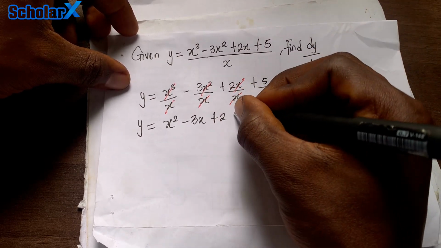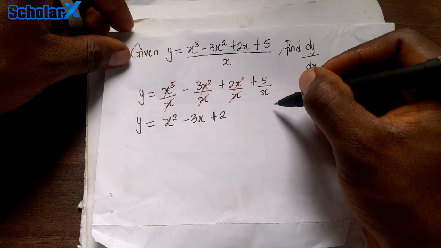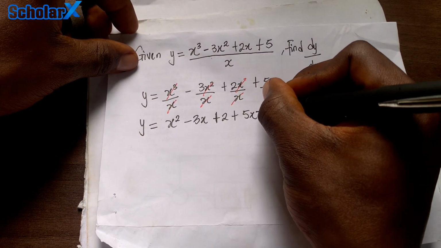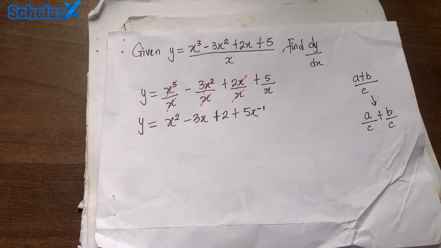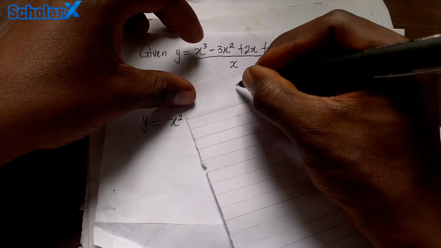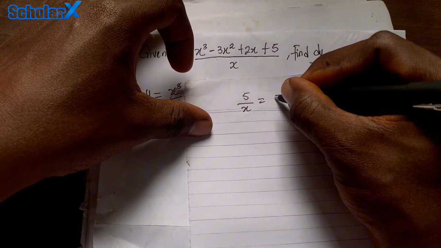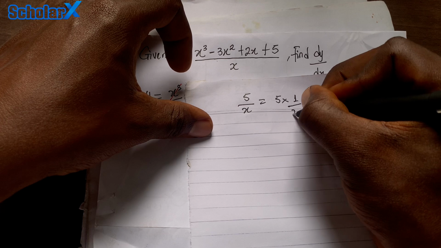Now, this 5 over x can be written as 5x to the power of minus 1. Let me quickly show you how I got that. You have 5 over x. I can split this into 5 times 1 over x.